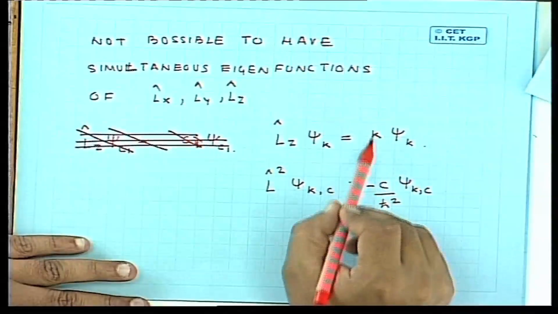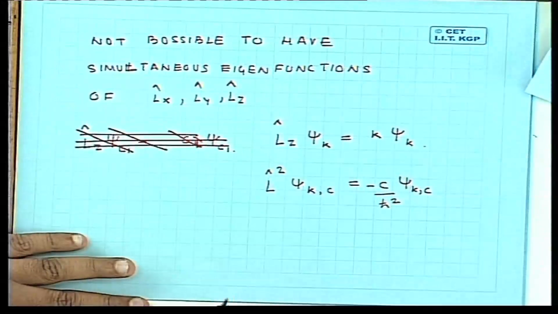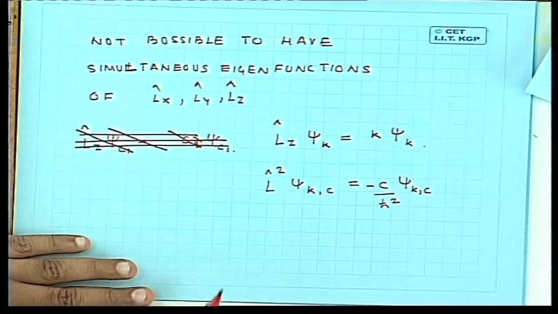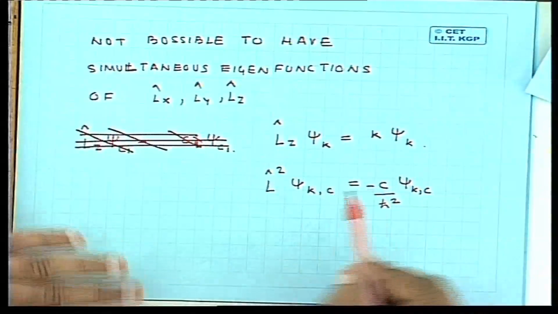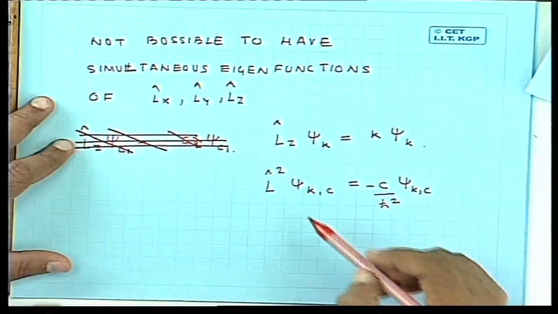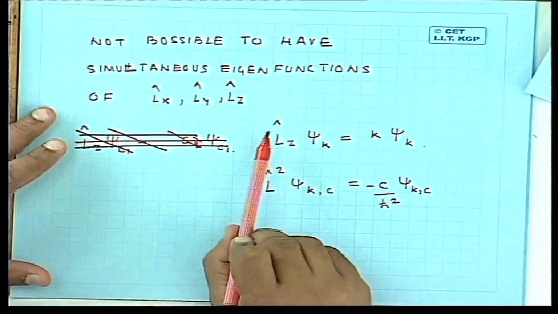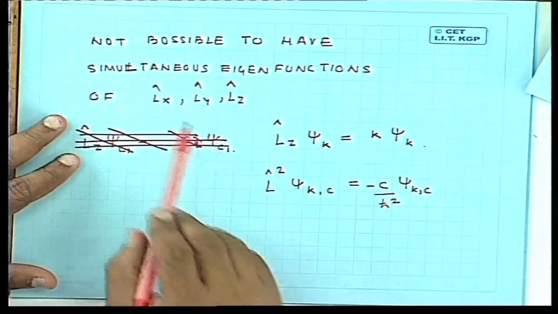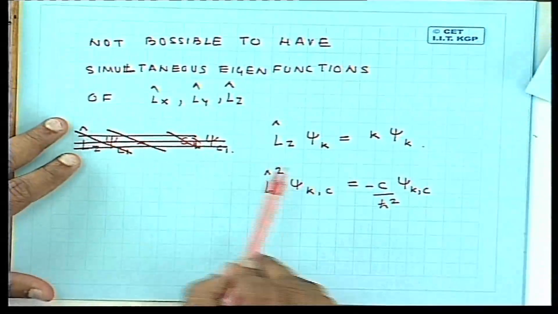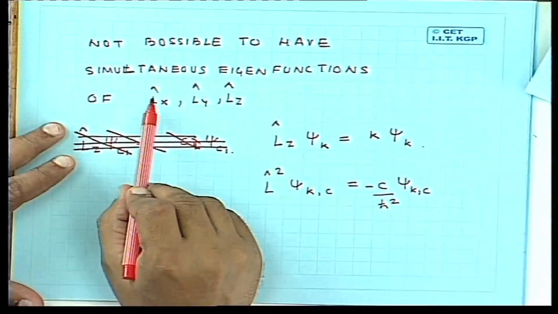These wave functions have been denoted by Y earlier, so we can switch over to Y. So we want to work out a set of eigenfunctions which are simultaneous eigenfunctions of Lz as well as L squared, and the whole set will not also be eigenfunctions of Lx and Ly.